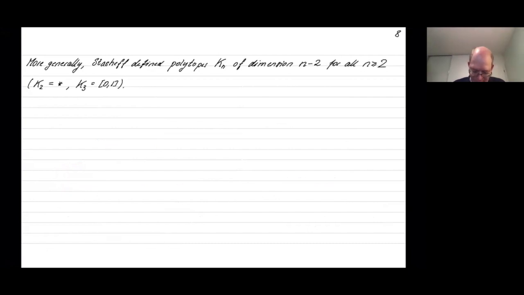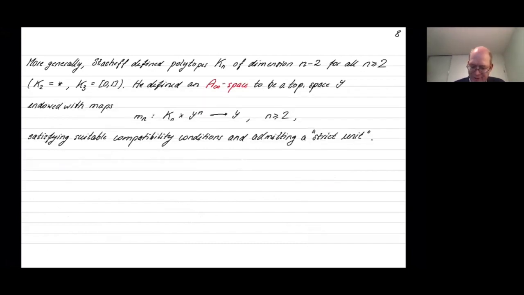So when we have a loop space, we have these higher operations, and then he defined an A infinity space by abstraction from this example of loop spaces. So he defined an A infinity space to be a topological space which has n-ary operations parameterized by the points of these Stasheff associahedra Kn.